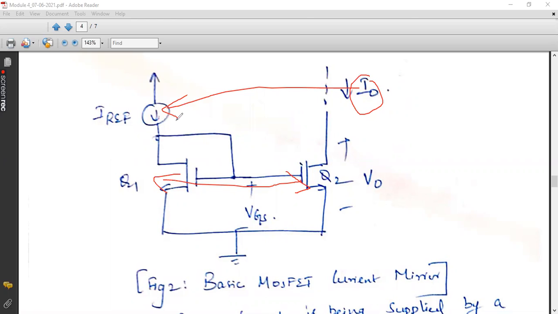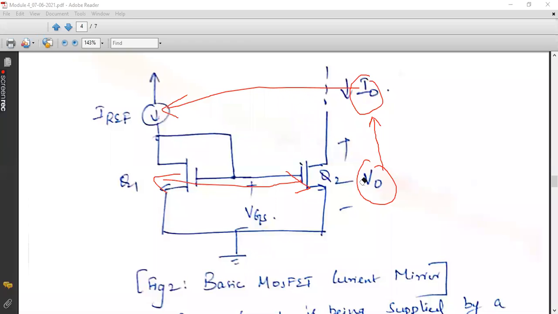There will be an incremental or decremental change, and that is affected by V0. So V naught is going to affect or determine the I naught value other than I reference. Of course, I naught is equal to I reference, but in practical implementation, V naught is also determining the value of I0. So now we are going to discuss how V naught is affecting our output current I naught.